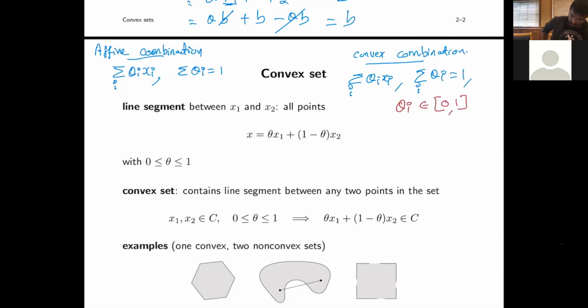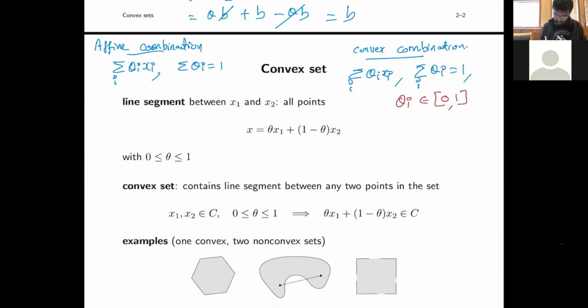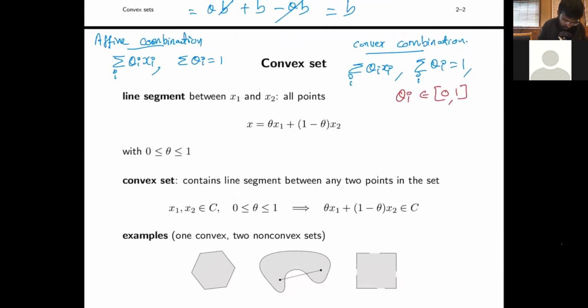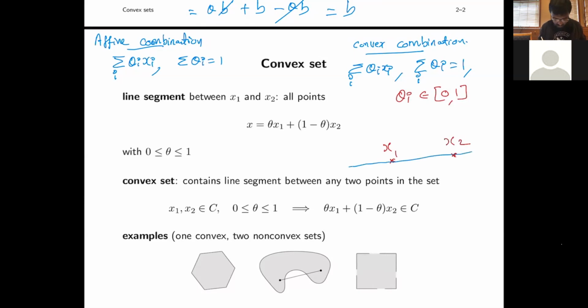In this case, what happens? You have a point x1 and a point x2. In the previous case, we saw that it is a line passing through x1 and x2, for affine. But what happens here? Can you guess? The theta should be between 0 and 1.